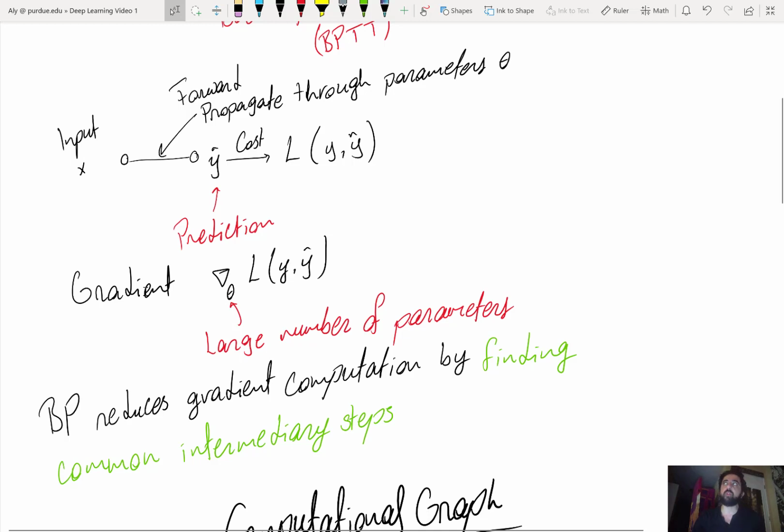Now you want to compute the gradient of the cost so that you can optimize that cost function and minimize it, and move the parameters in the direction that minimizes the cost. So you want to compute the gradient of L of y and y hat with respect to theta. Now theta, as we said, can have hundreds of thousands of parameters. So it can have a very large number of parameters.